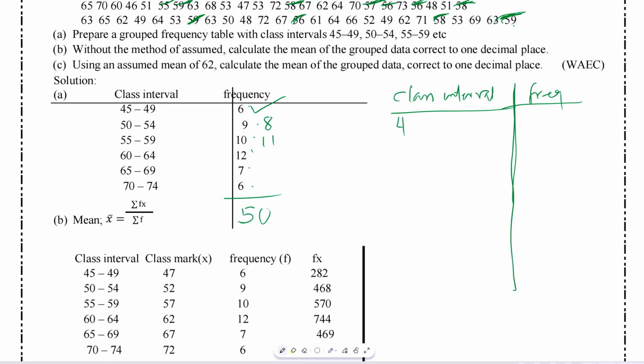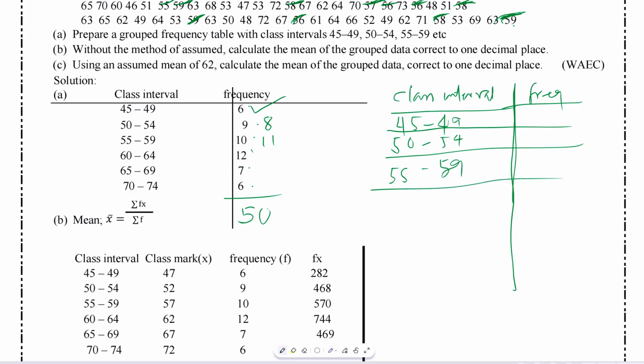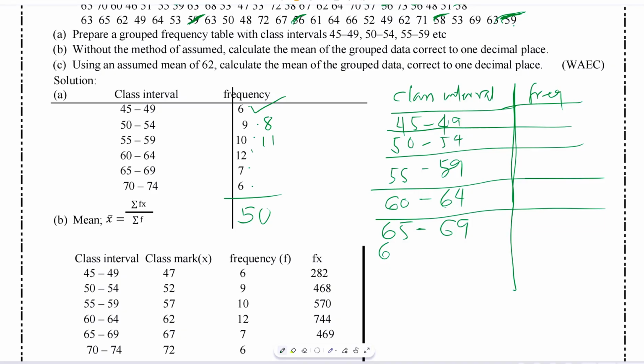So we have 45 to 49, 50 to 54, 55 to 59, 60 to 64, 65 to 69, and then 70 to 74.